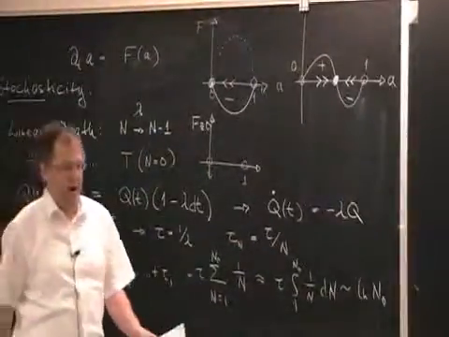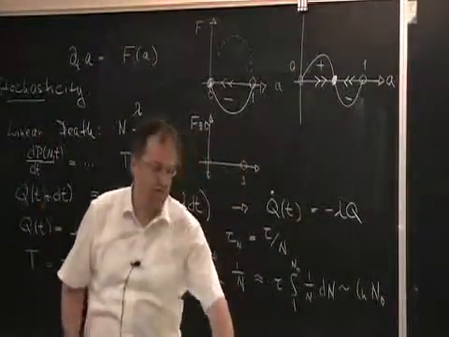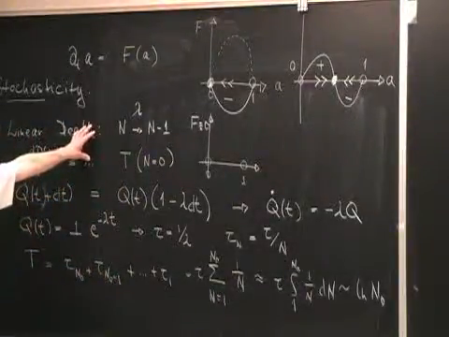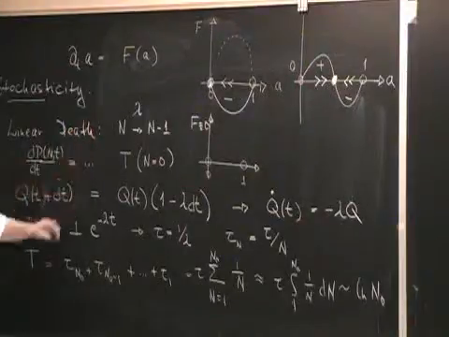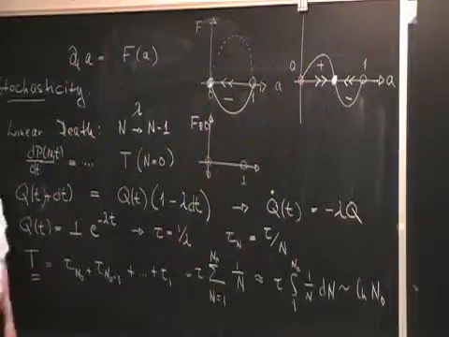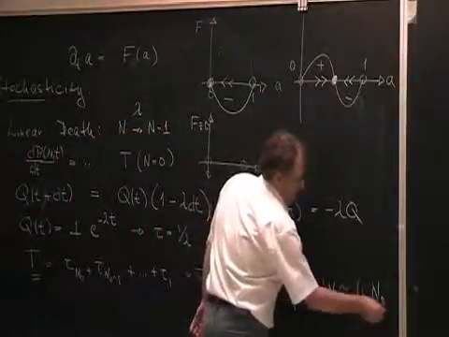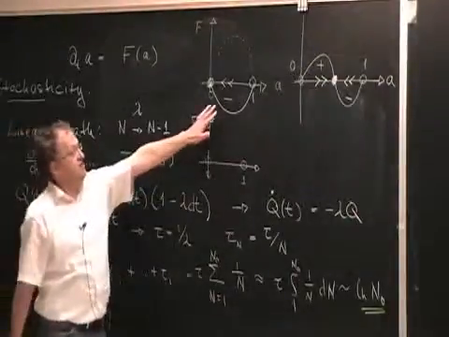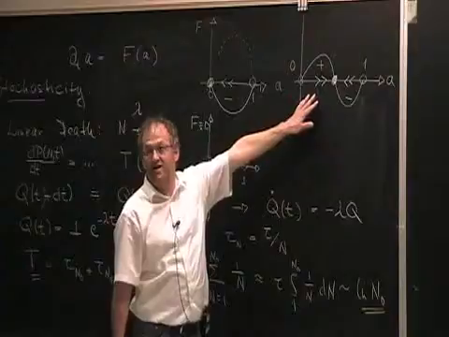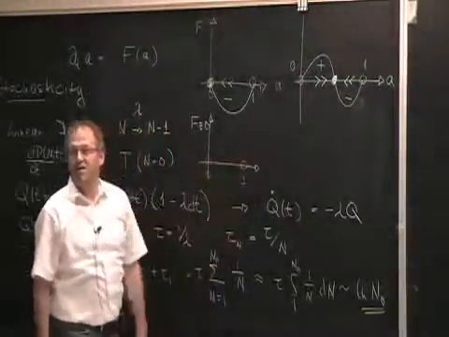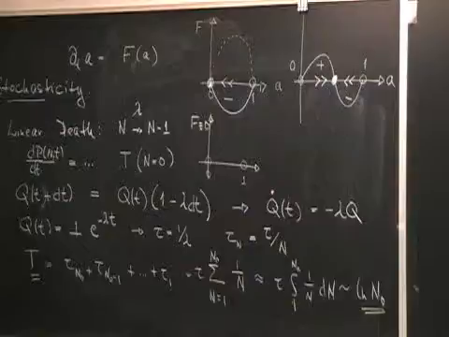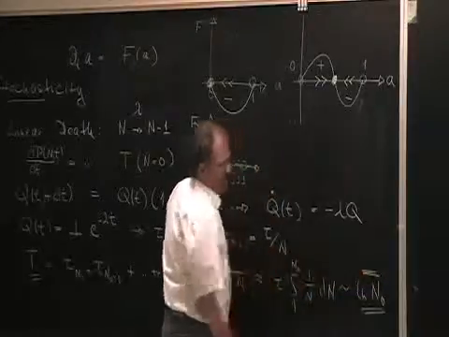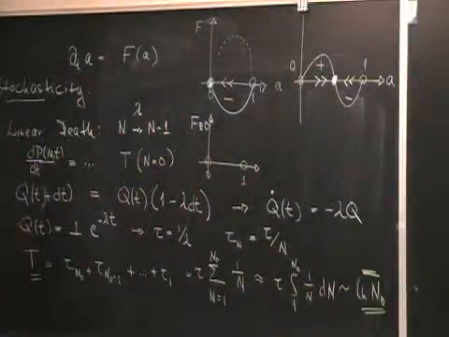If you have a dynamic system which drives you towards an absorbing state, like here in the linear death process, the time to extinction scales as the logarithm of n naught. That's not only true for this case here, it's true for any case with a stable fixed point. Okay? So remember this. This is a very important result which will show up in a second again.